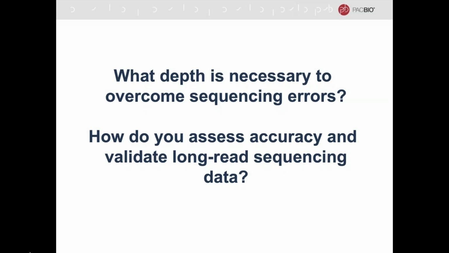Yeah, if I can build on that as well, something that we're really excited about with the HiFi data is, with this sort of consensus technology, being able to get past that error correction step.